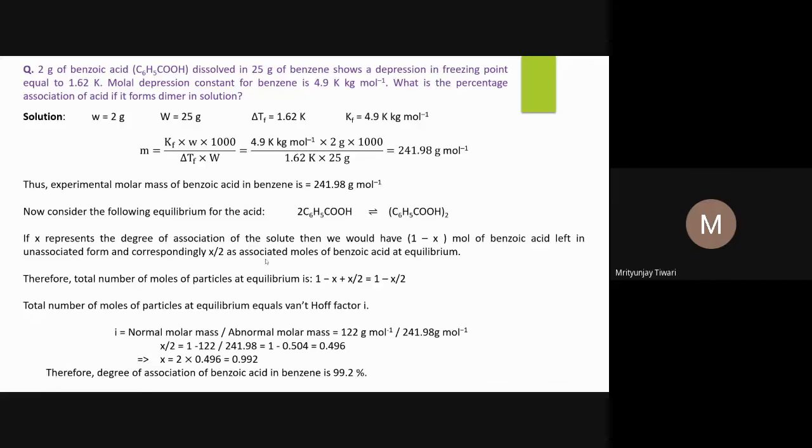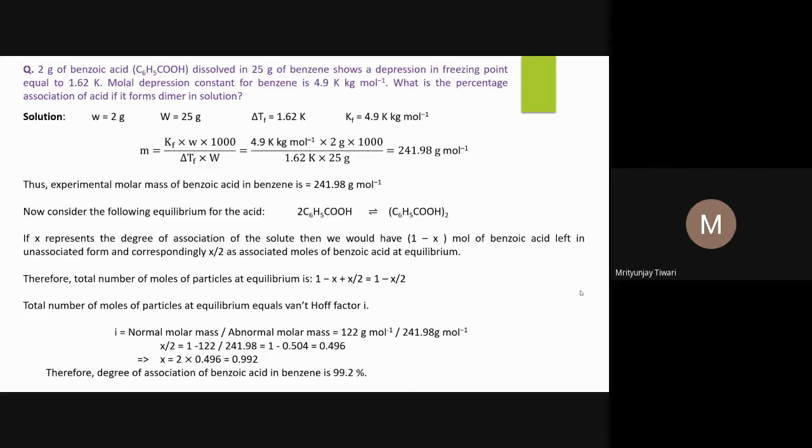So if x represents the degree of association of the solute, then we would have 1 minus x mole of benzoic acid left. What does it mean? Suppose you have taken one mole of a particular substance and 10% of it gets associated. The 10% means 0.1 mole of it, a fraction of 0.1, because 10 divided by 100 is 0.1.